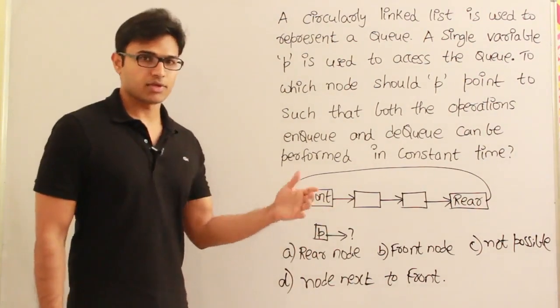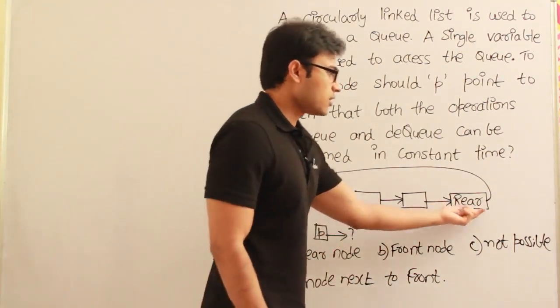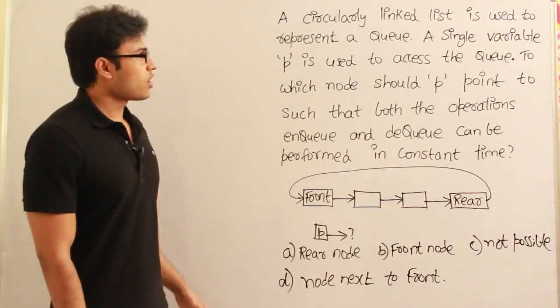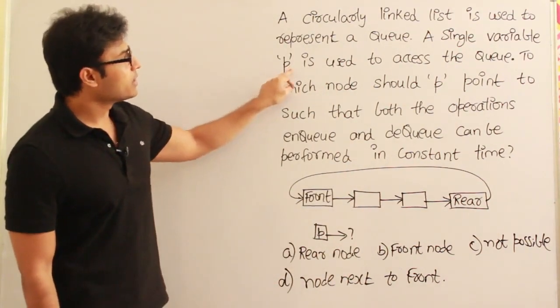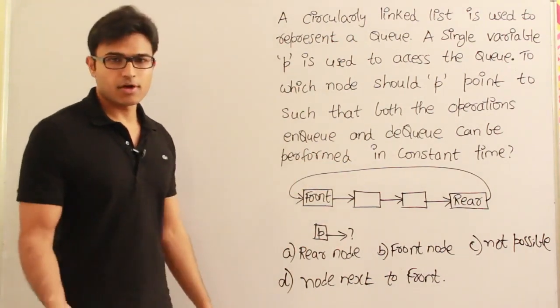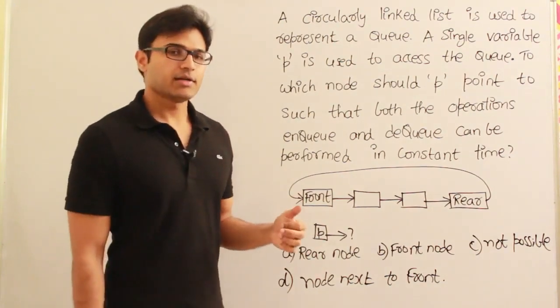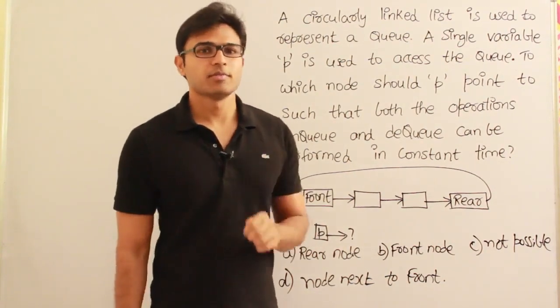First means front, the first node of the queue, and this one is the last node of the queue. Now they are saying that a single variable p is used to access the queue. Generally we need two variables to access a queue, but here they are using only a single variable p.